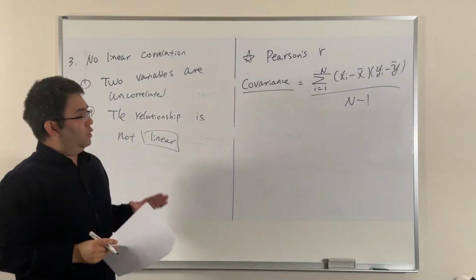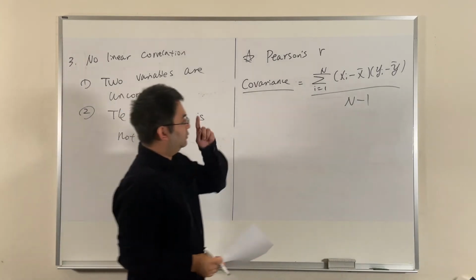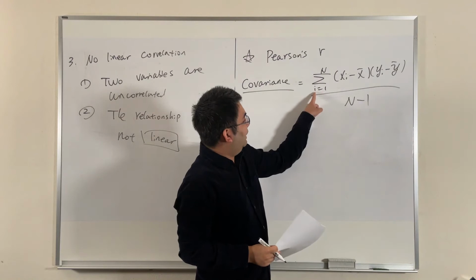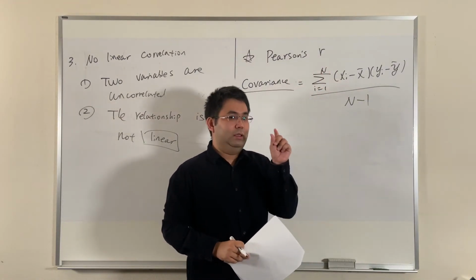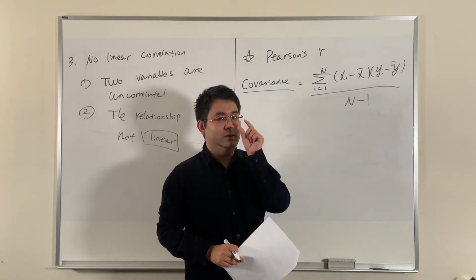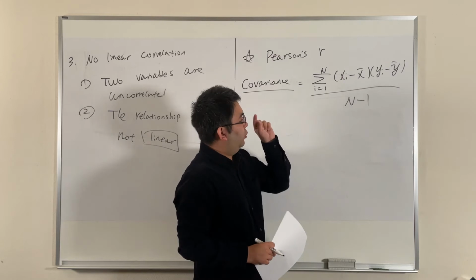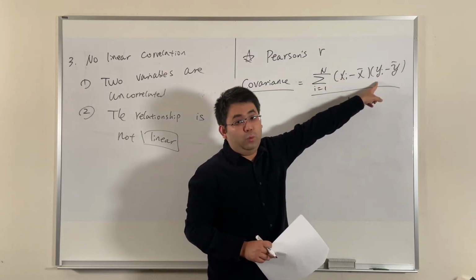Here is something we need to talk about: i equals 1 to n. That means we have n sets of data points, and in each set we have one x value and one y value.